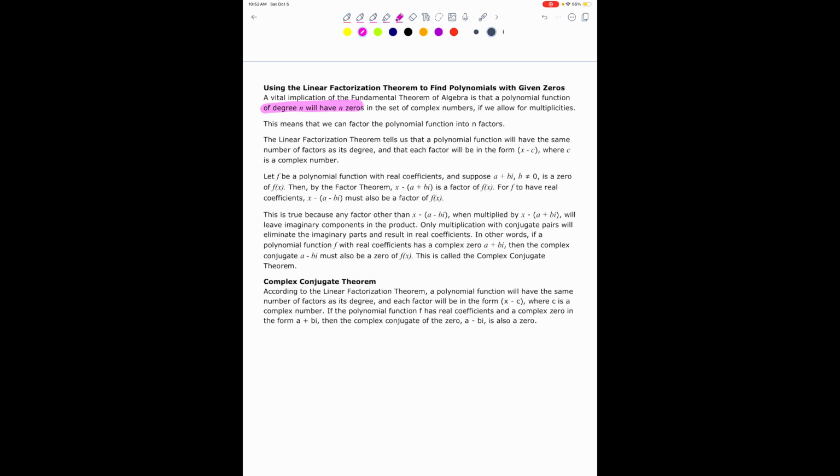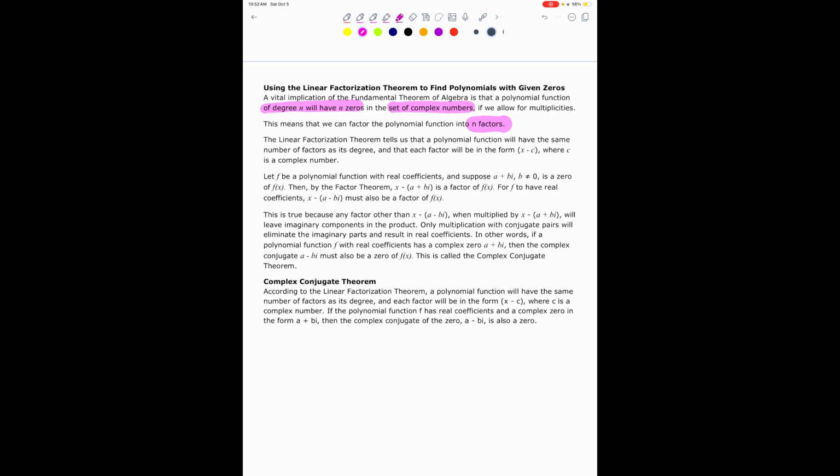In the set of complex numbers, we have n zeros, because every real number is a complex number, but not vice versa, if we allow for multiplicities, of course. This means that we can factor the polynomial function into n factors. That is what we have gone through so far.